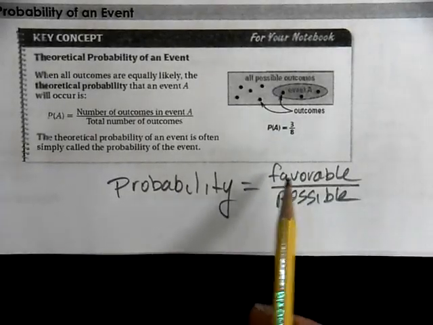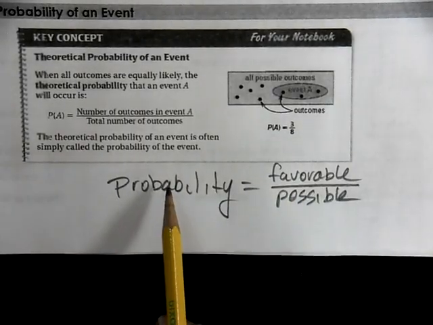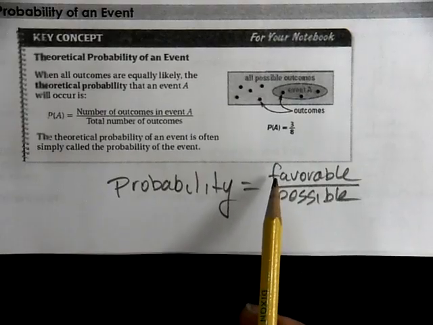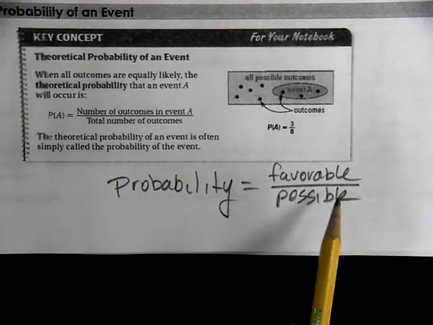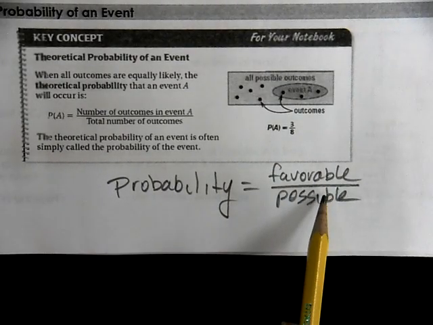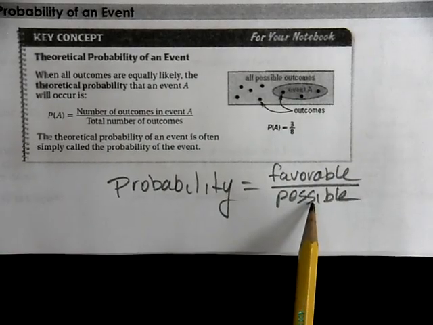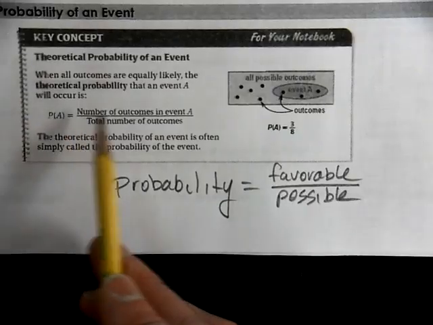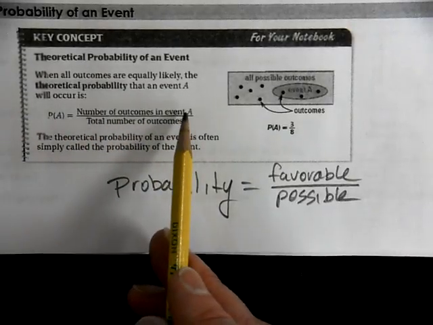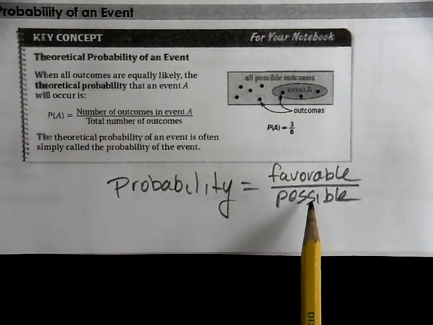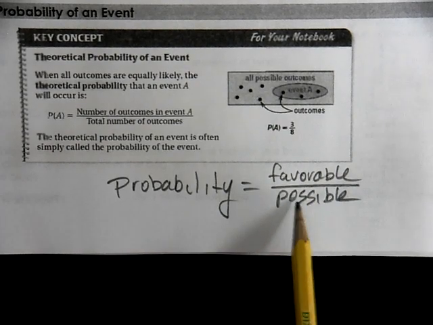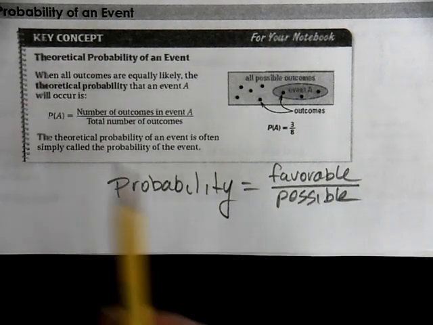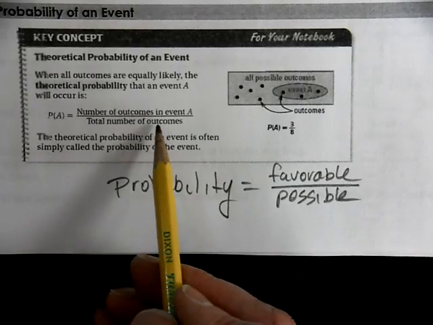So whenever you read a problem that says find the probability, you're always thinking of favorable over possible. You're always thinking of a fraction, and you're looking for the favorable way something can happen, the number of outcomes in an event, and the possible ways something can happen, which is the total number of outcomes.